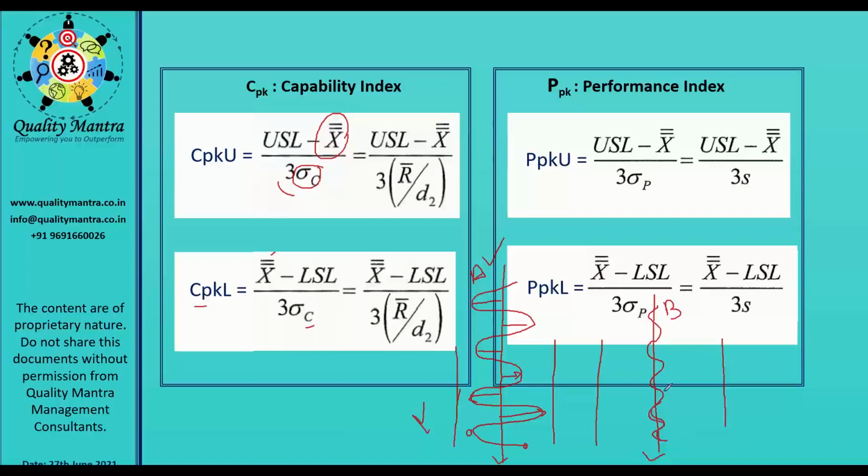In this case the range is very small and the variation is very low, whereas in this case it is too much. So your capability indices are based on the centering of the process as well as the standard deviation. Whereas in CP, the lower the standard deviation, the higher the CP value, without considering process centering. Wherever the process is running, you can get a higher CP value. But the true thing is that you need to check the CP and PPK index.